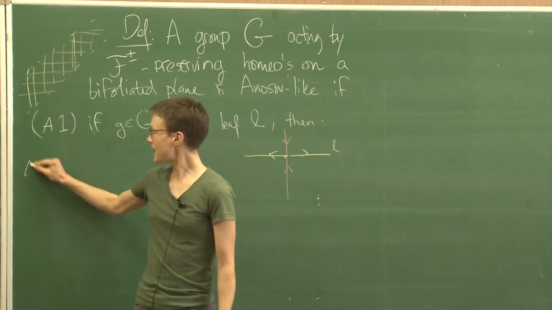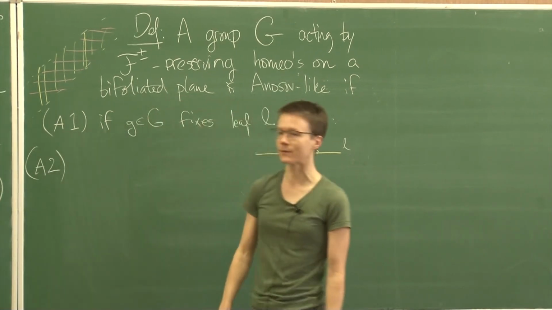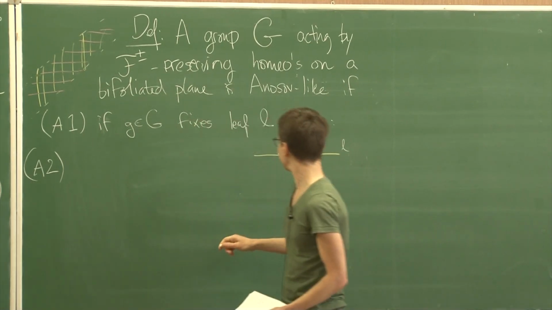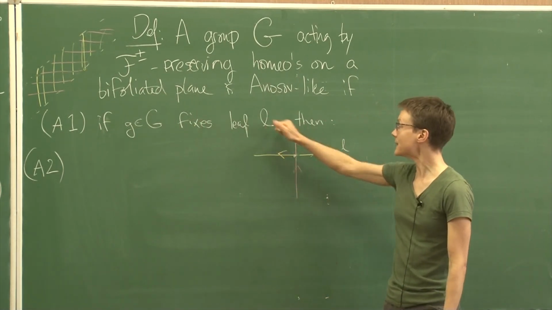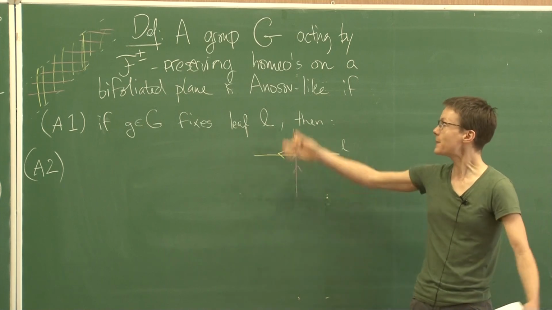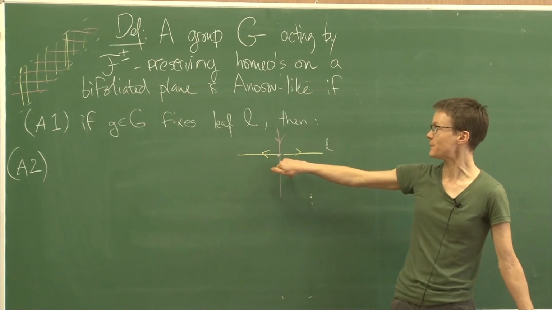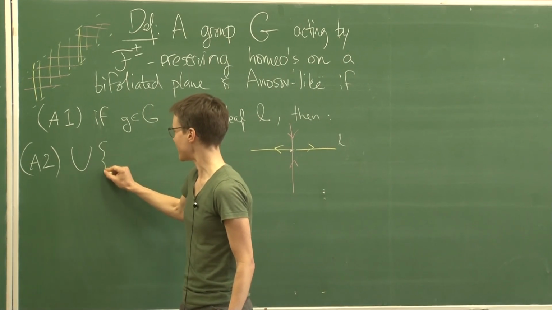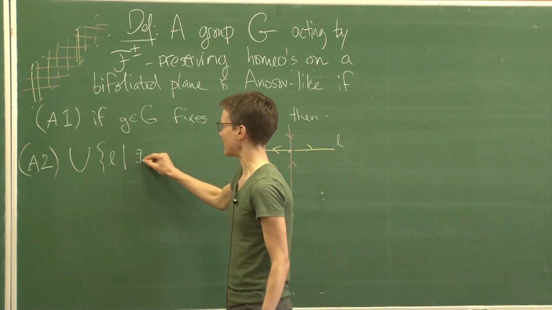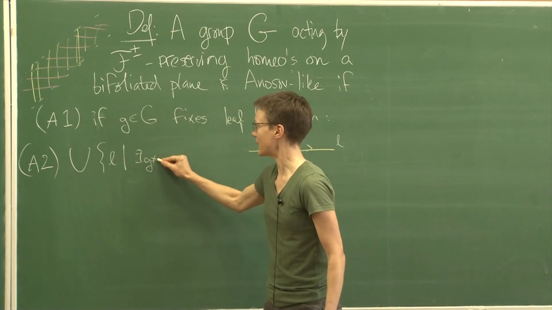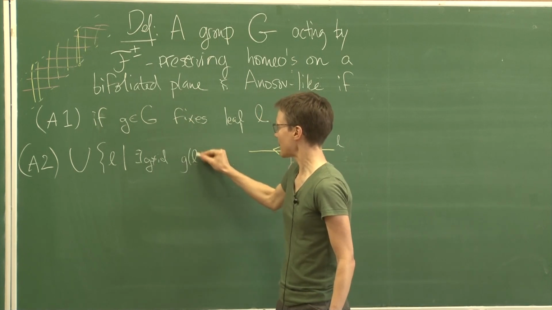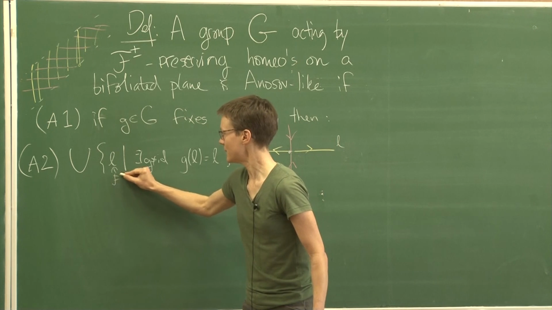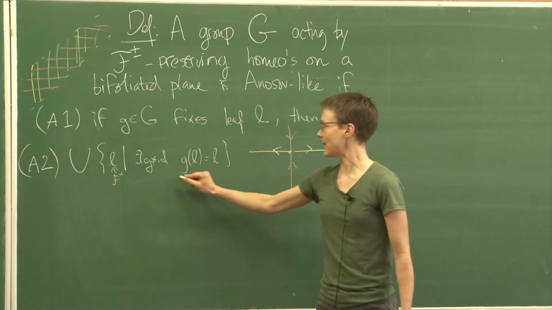The second axiom says that you have some hyperbolicity everywhere. Okay, so we want to require that the union of leaves of each foliation that happen to be fixed by elements, so I see the picture like this, is dense. Okay, so the union of the set of leaves L in F plus so that there is some G, not identity, fixing this, is dense.